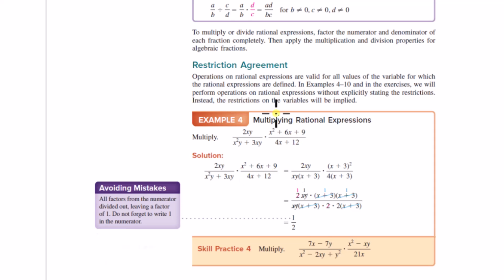No matter how we simplify it, we have to remember the completed model. We can see y can't be 0, or else you're dividing by 0. X can't be 0, you're dividing by 0. And x can't be minus 3, or else you're going to get minus 12 plus 12. It's important to remember that.